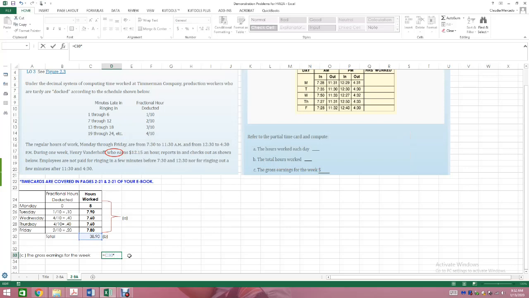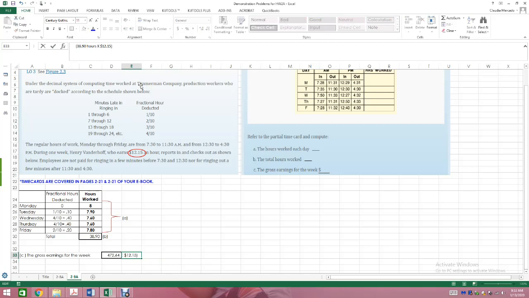So we get $472.64. So what did we do here? We got the hours, which is 38.90 hours, times my rate of pay, which is $12.15. And that is how we calculate your gross pay.